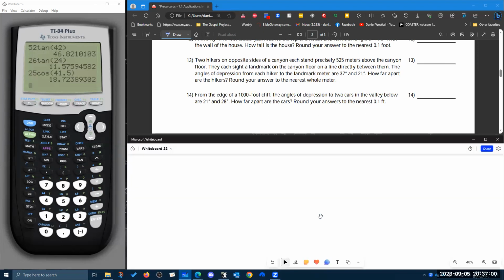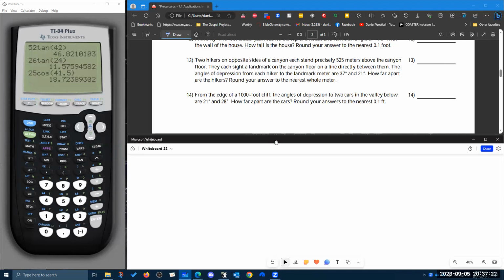Number 13 tells us that there's two hikers on opposite sides of a canyon, and they each stand precisely 525 meters above the canyon. So they're on the same level footing, 525 feet above.